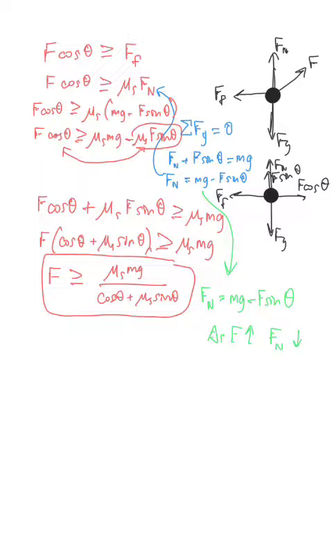Or if you want to do it as a more physical answer without worrying so much about the math, you could just say that the increase in this pulling force causes there to be more of an upward force. So since the two upward forces have to balance out gravity, if there's more of one force, there has to be less of the other to balance out gravity.